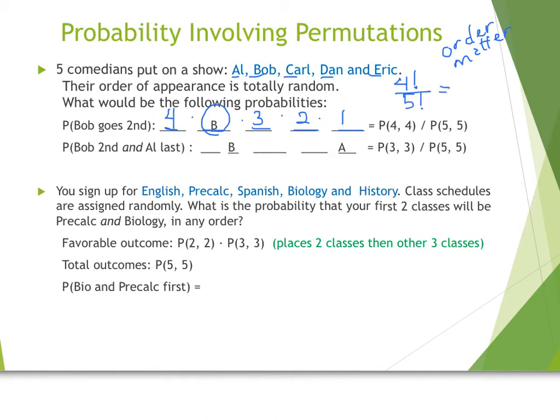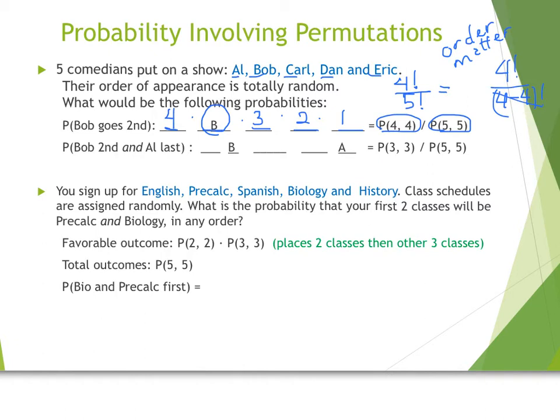And so what I want you to realize is I have written down here NPR, 4P4 and 5P5, but really what does 4P4 mean? It means 4 factorial over 4 minus 4 factorial, which is 0 factorial. So realize that this really just means 4 factorial. This is just another way of writing 5 factorial.